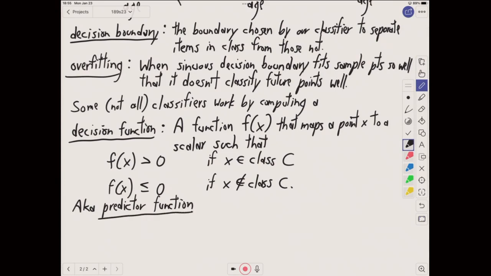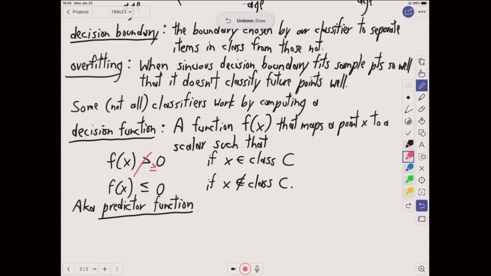And by the way, we made a somewhat arbitrary choice here about what happens when f of x is exactly equal to 0. In many contexts, it doesn't really matter which way you go when f is exactly 0. You know, we could have put a greater than or equal to here and a less than here.